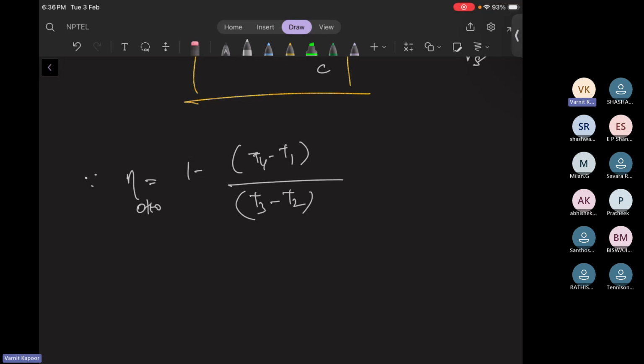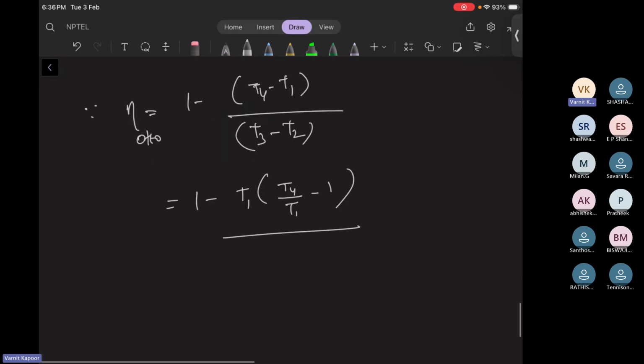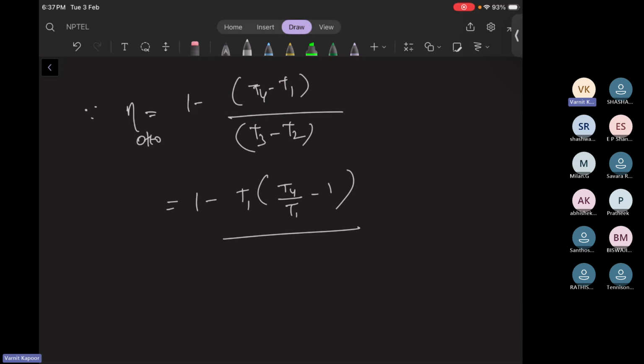So let us take T1 outside: 1 minus T1 times (T4 by T1 minus 1), divided by, let us take T2 out of the denominator, T2 times (T3 by T2 minus 1). We don't know the values of these ratios, so now we want to get them.